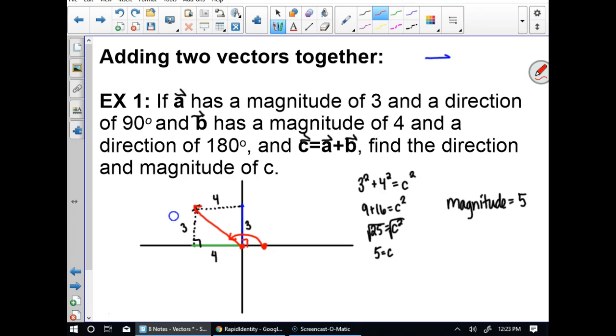If I could find this angle, which I'll call theta, inside that triangle, then I could just add 90 to it, and that would be my direction. You could use law of sines here.